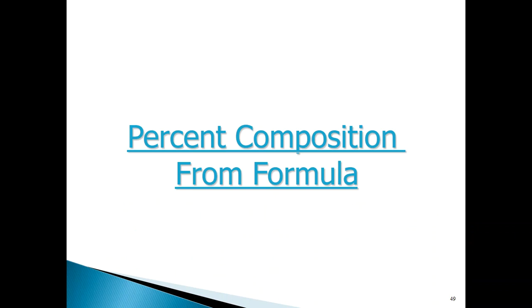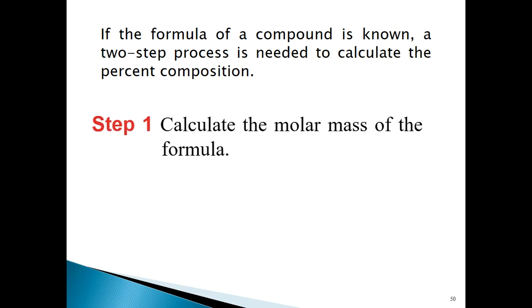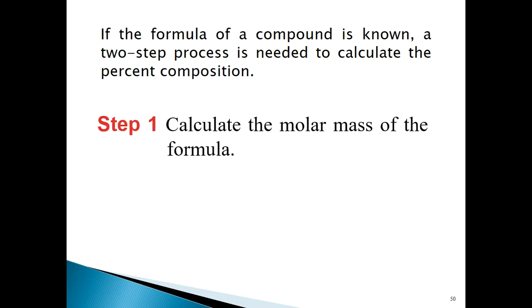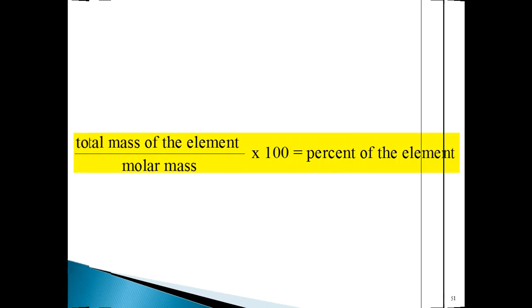All right? So we can easily determine the percent composition of elements in a formula. Very easy process. It's a two-step process. The first step is where you determine the molar mass of the compound, and we all know how to do that. Next step is that we divide the total mass of each element in the formula by the molar mass and multiply it by 100.